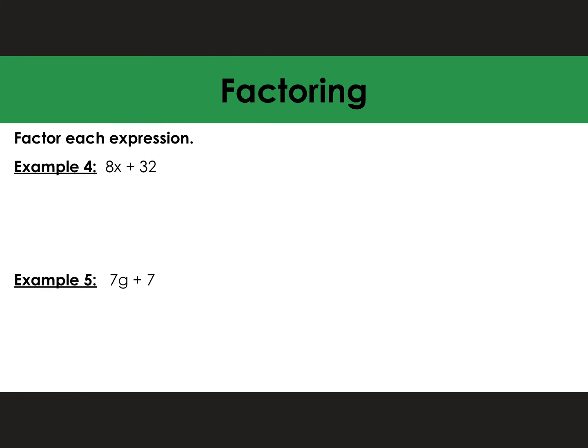So we're going to factor the expression. It said to find the GCF. So we need the GCF of 8x and 32. What's different here about what we've done before is there's an x. However, there's only an x in one spot. I can see that 8 is a factor of 32, so I'm going to do 8.